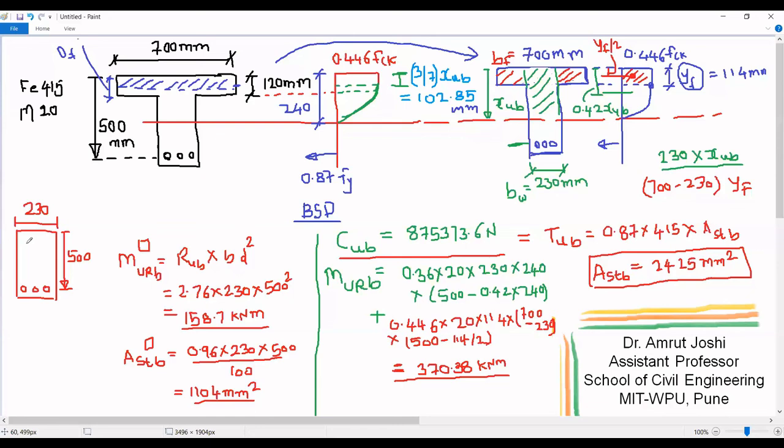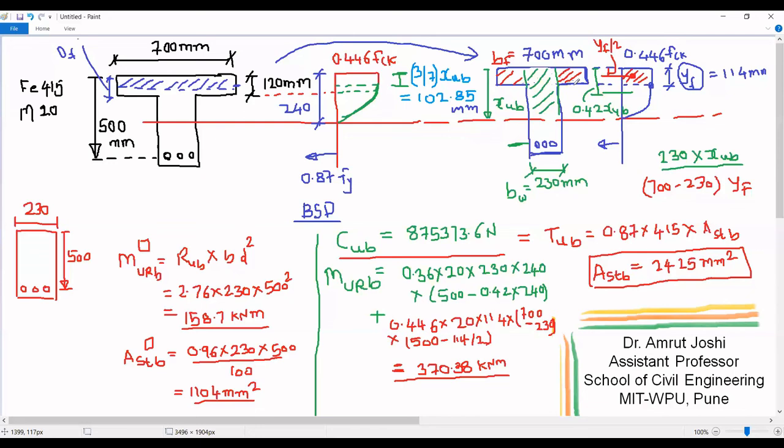So in such case, we transform this T section into an equivalent section having rest of the dimensions same except for depth of the flange. We came up with equivalent depth of flange YF such that over which I can assume 0.446 FCK to be constant, and the parabolic stress variation starts below the bottom of the flange.